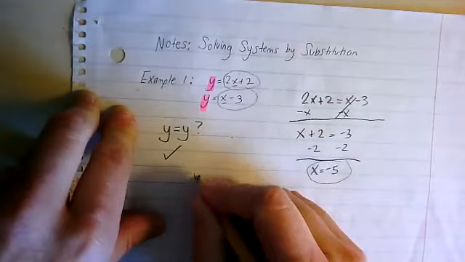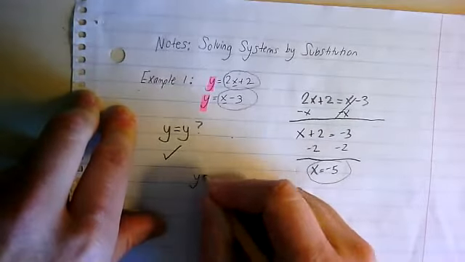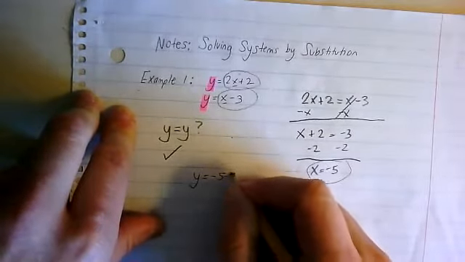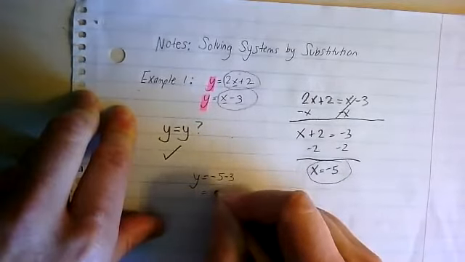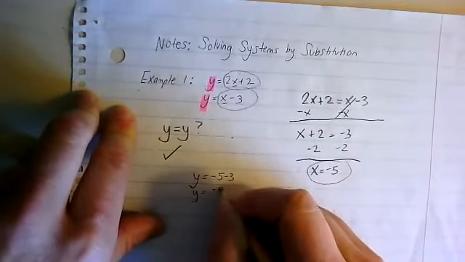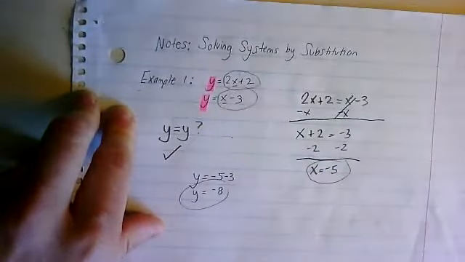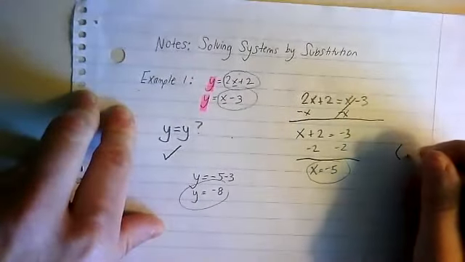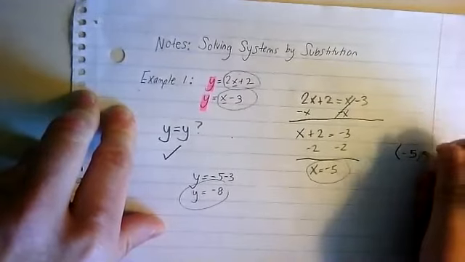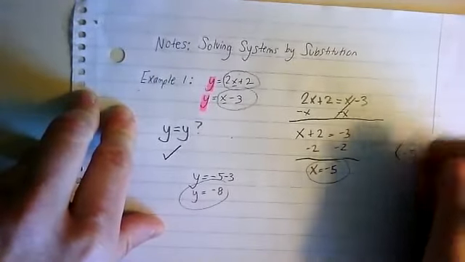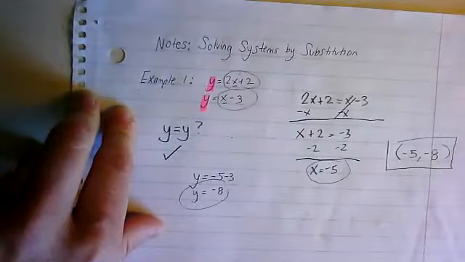So I can simply put that negative 5 in and say y is equal to negative 5 minus 3. Negative 5 minus 3 means y is equal to negative 8. So between x is equal to negative 5 and y is equal to negative 8, I can write my final solution as negative 5 comma negative 8, and that would be my solution.